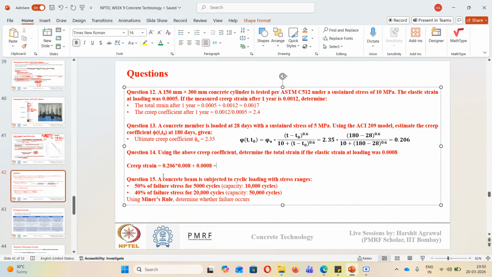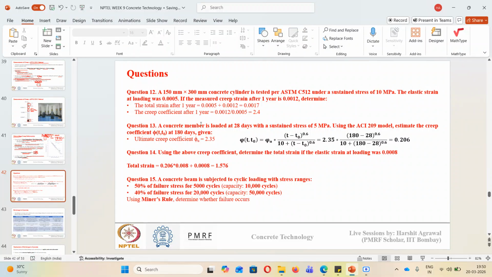Total strain is nothing but elastic strain plus creep strain. So creep strain I can determine from the relationship between creep coefficient, creep strain and elastic strain, plus the elastic strain. Upon calculation, the total strain after 180 days is 1.576.